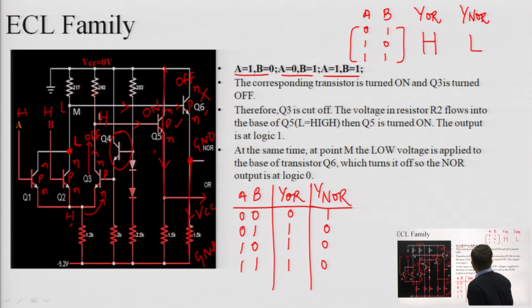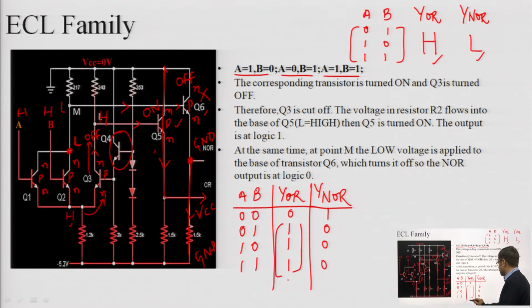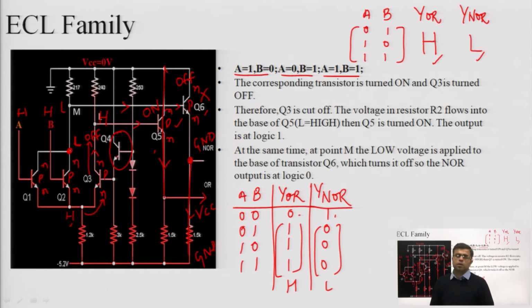So this thing is already covered here. For the last three cases, OR is high, NOR is low, and this we have covered in our previous slide. When both the inputs were low, then OR produced a low output and NOR produced a high output. Okay. So this is the ECL logic family.